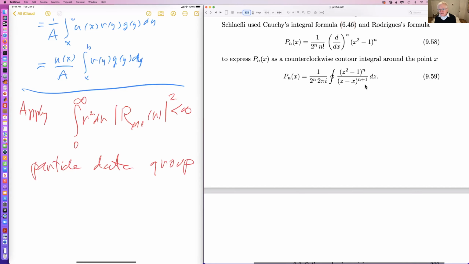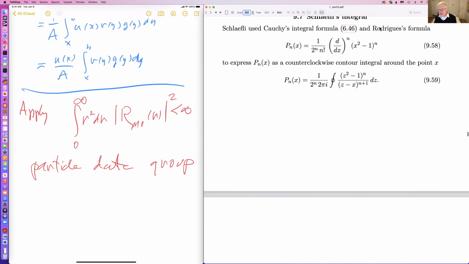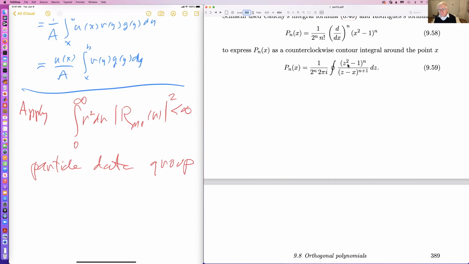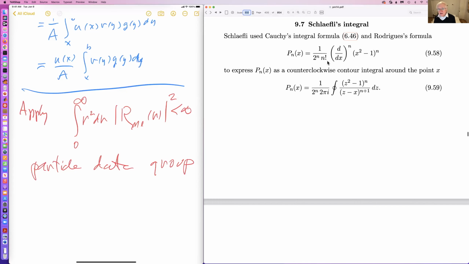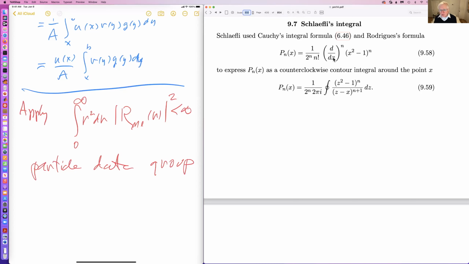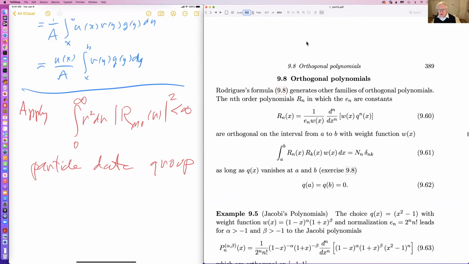Of course, what does it tell us? That this integral is then the nth derivative evaluated at z equal to x, divided by n factorial, and so it just gives us back 9.58.